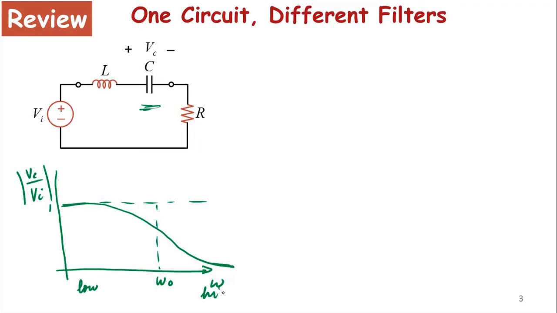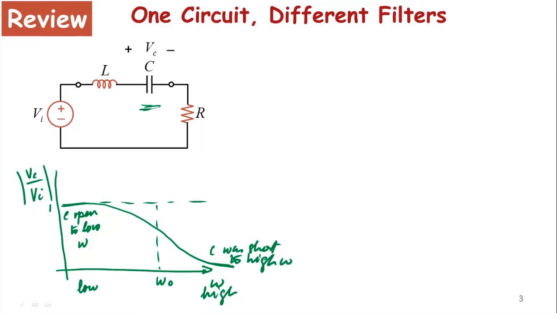So this is for high omega. In this case C was open for low omega, and here C was short for high values of the frequency.